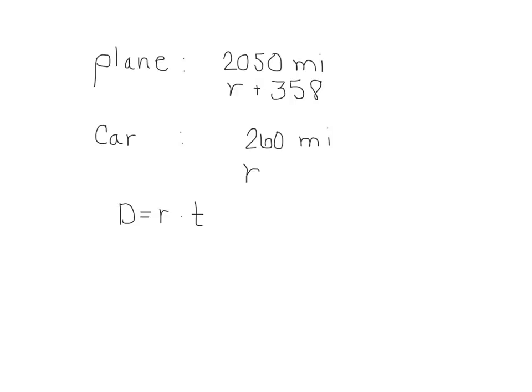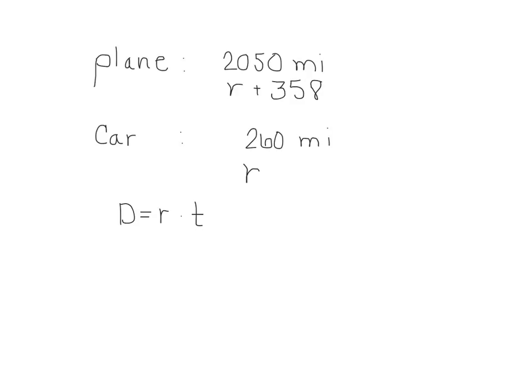Well, we clearly have our distances for both the plane and the car, and we know a little bit about our rate for both the plane and the car. The rate of the car is R, the rate of the plane is R plus 358. What we want to find is the time.